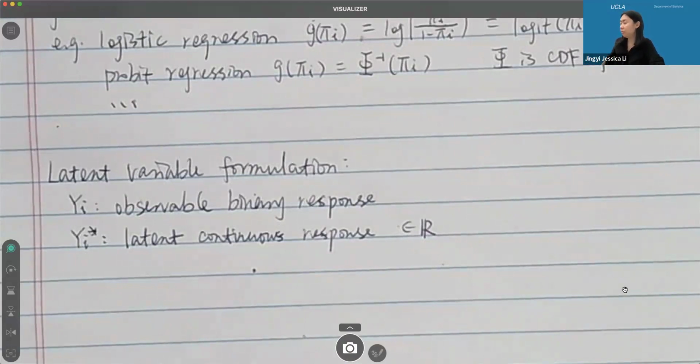Depending on where the threshold is, the decision may become yes or no. Just like when we vote for an election candidate, you may have some preference for either candidate, but the preference might be 51% for candidate A, 49% for candidate B. For another person, it might be 90% for candidate A, 10% for candidate B. But your decision might both be voting for candidate A. So that's just a thresholding effect.